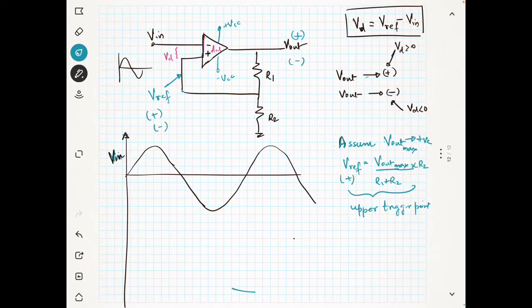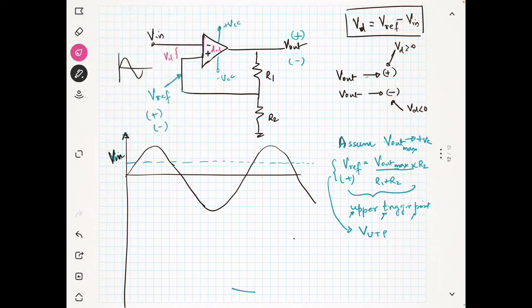So this V reference, this positive V reference, we will call VUTP, upper trigger point. U is for upper. I am going to mark it. Since it is positive, it will be upper, that's why. Okay, upper trigger point.